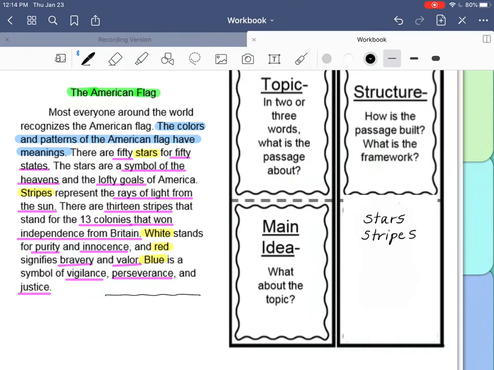And then the 3 colors on the flag are red, white, and blue. And you can put those in any order. It doesn't matter. But those are the key words that the author, in this case me, used to get you to understand what I want you to know about the flag. So I chose the keywords that explain my main idea.